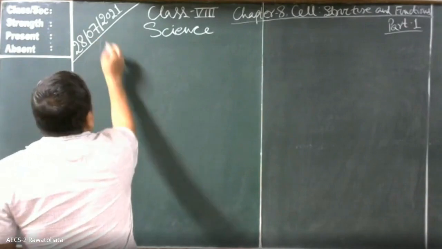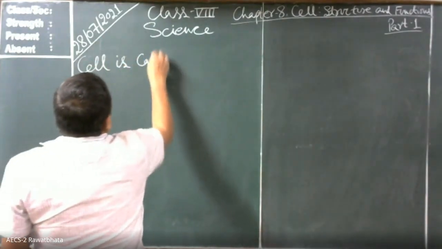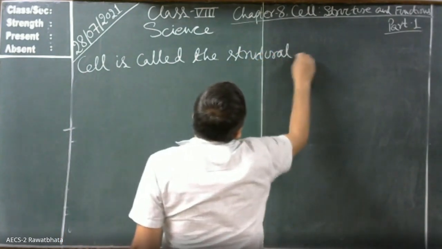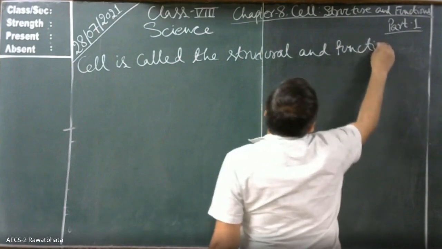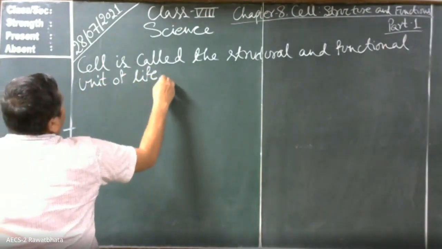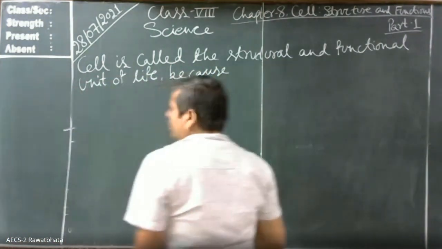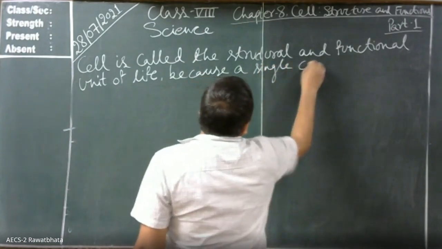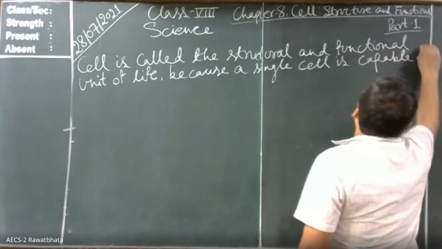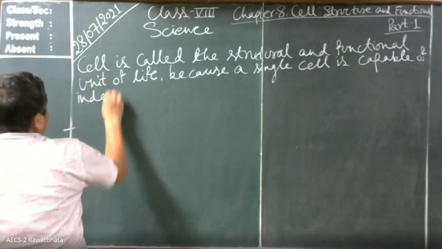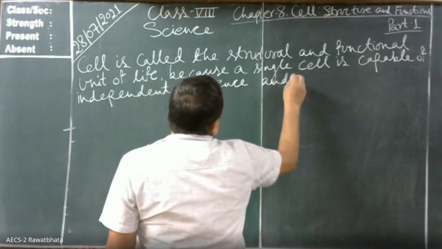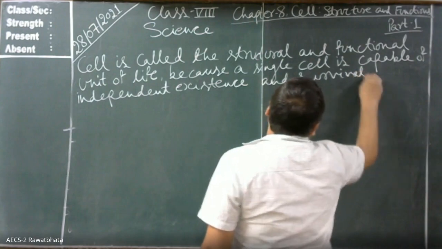Cell is called the structural and functional unit of life because a single cell is capable of independent existence and survival.